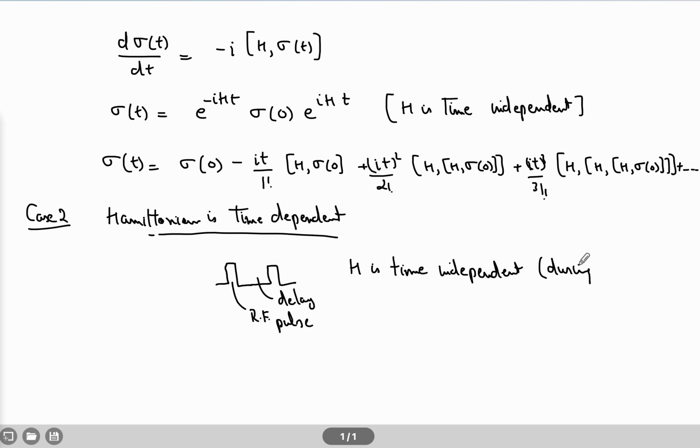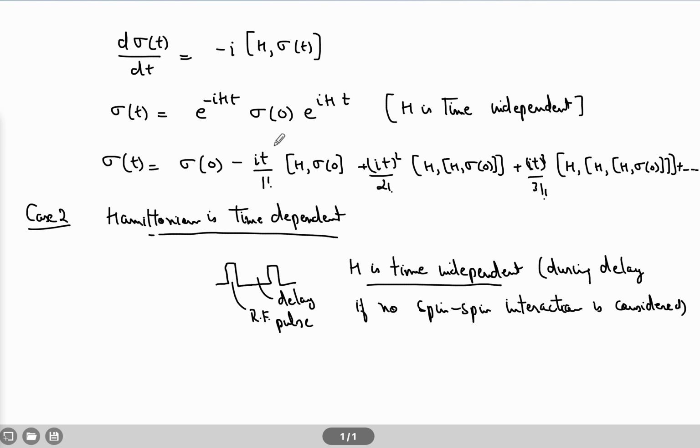So this is during the delay, if there is no spin-spin interaction. Effectively no spin-lattice interaction is considered here, so nuclear spin to electron spin interaction is also not considered, and all we are considering is just the precession about the static B0 field where there is no time dependence, right? So in such a case the Hamiltonian is time independent and the above solution can be applied.